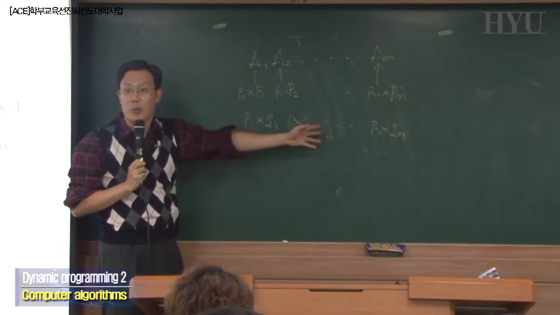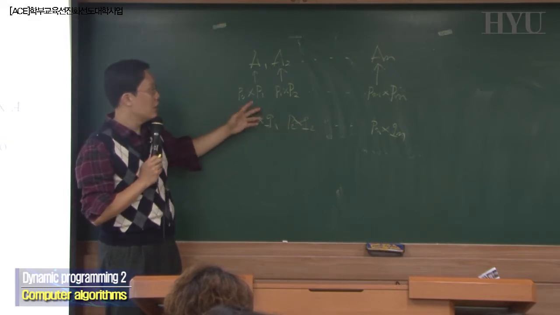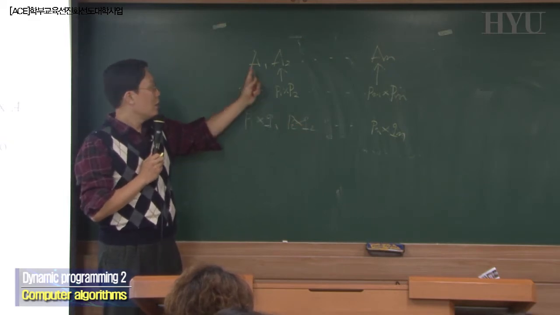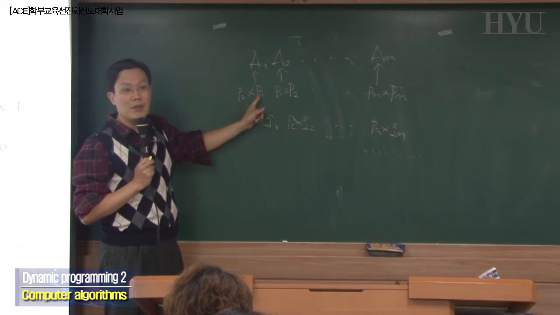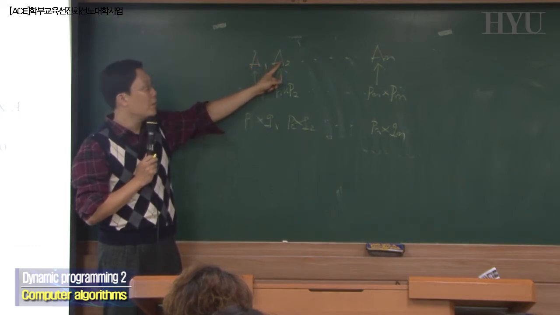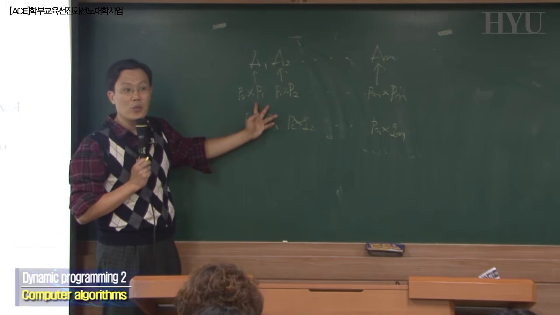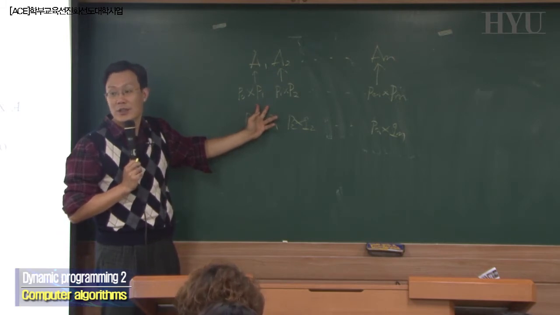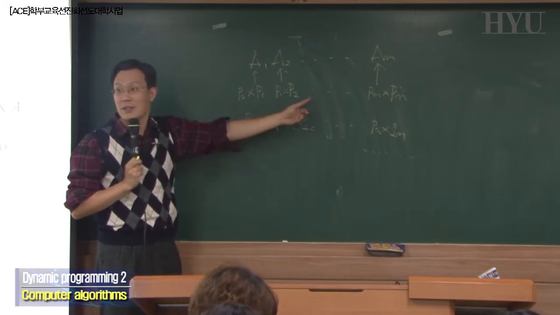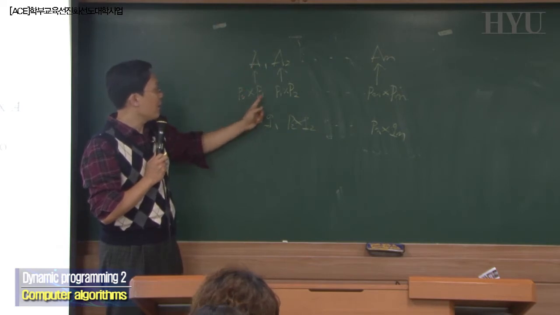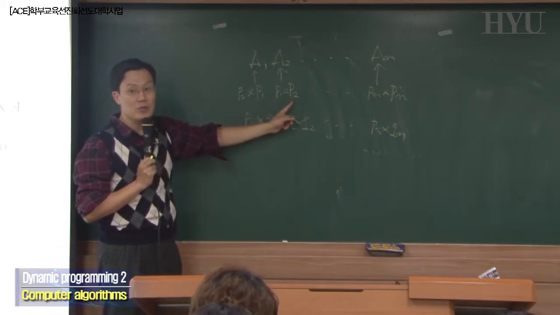It is normal, but in this case, note that the column number of A1 is the same as the row number of A2. So we can save the notations like this: P0 by P1, P1 by P2.